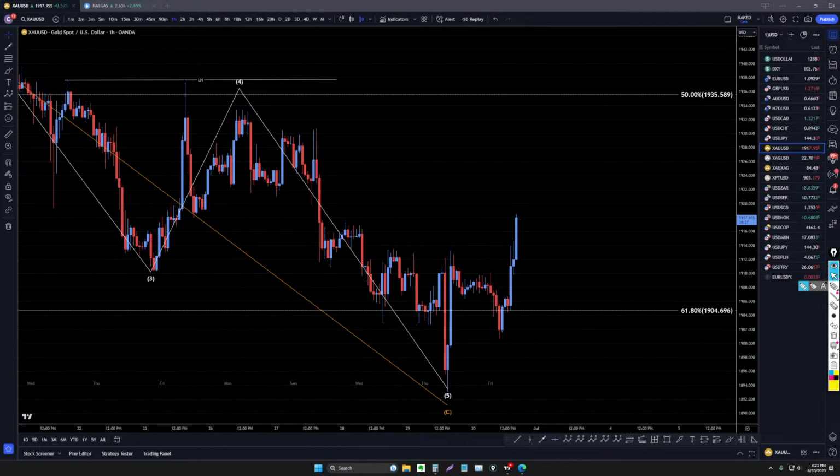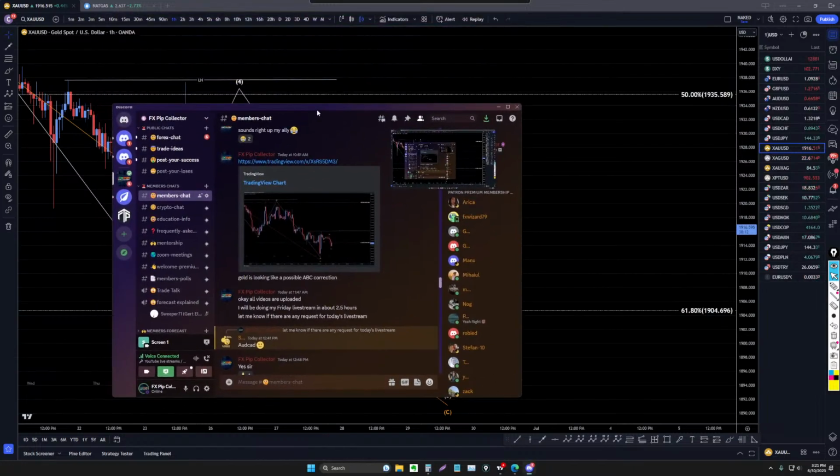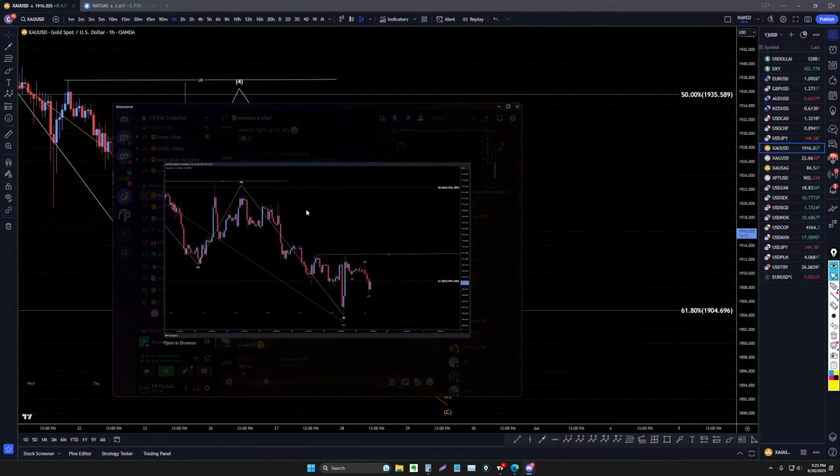Let me show everybody. As a member of my Discord, as a member of my Patreon, I post in the private chats quite often about what I think is going on. I posted this this morning at 11 o'clock. Look at that. Gold.